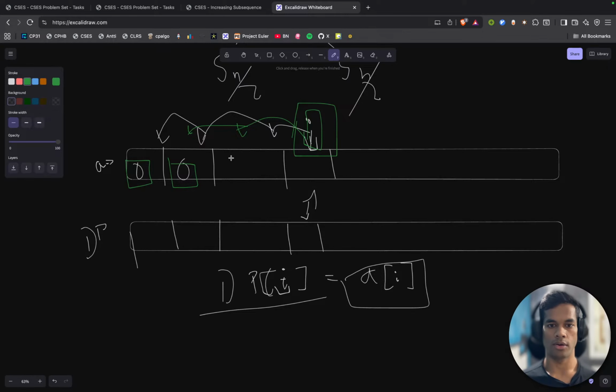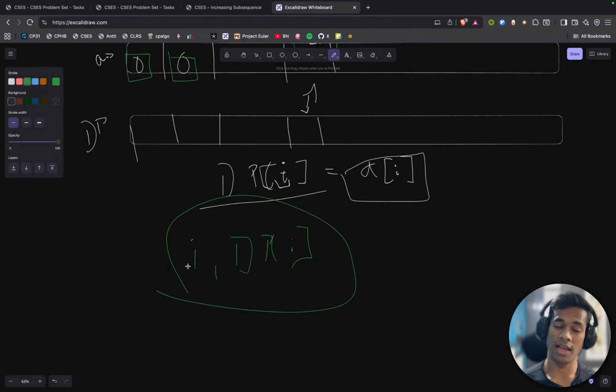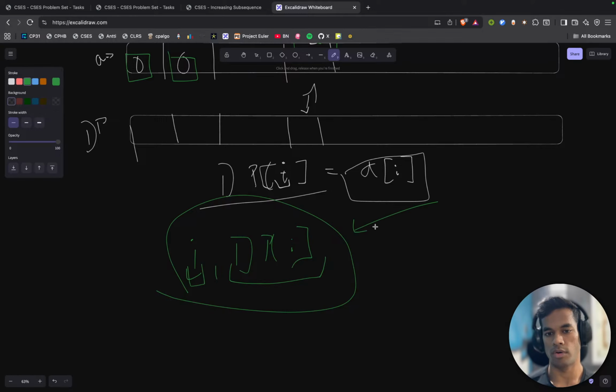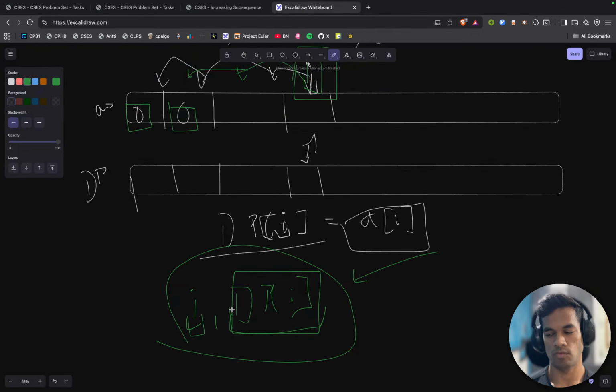So there are two things that this number depends on, i and dp i. And if I perform binary search on one of these numbers, then how can I perform binary search on the other part, when I'm looking for the maximum dp value?